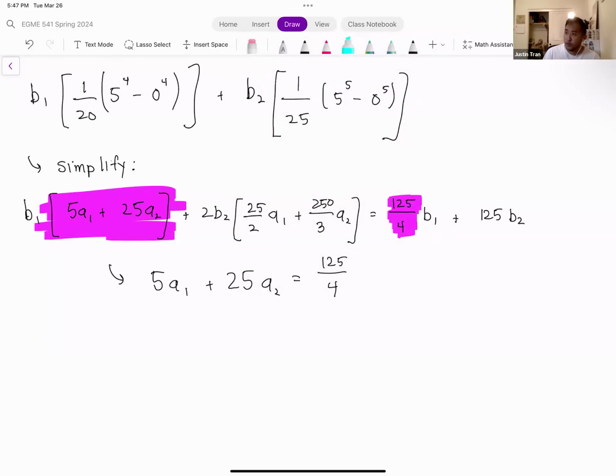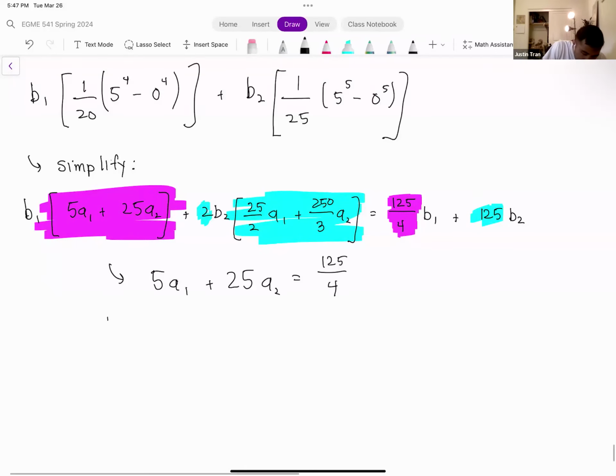We can do the same thing for the B2 terms. If we highlight these things in blue, and we can't forget about the 2, everything that I've highlighted in blue there is multiplied by B2. So we can form another equation from it. Let's not forget to multiply the 2 on the left-hand side.